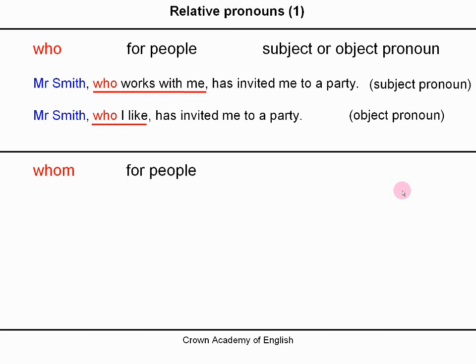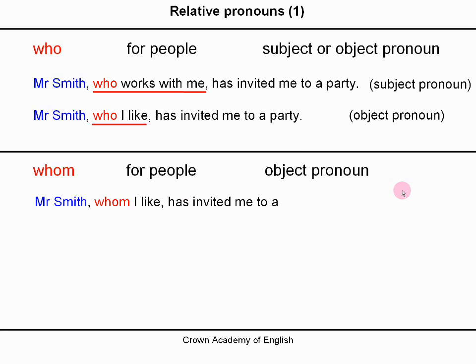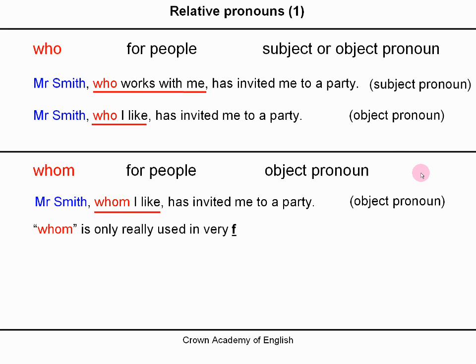Whom. Again, this is for people, and it is only an object pronoun. Mr. Smith, whom I like, has invited me to a party. So this can only be an object pronoun. So, whom I like. This is the relative clause. But remember that whom is only really used in very formal English.